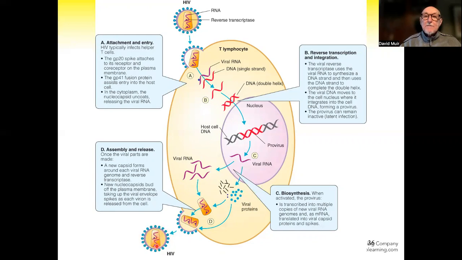So I want to just point out to you that each of these steps, attachment, entry, reverse transcription, integration, the production of viral proteins, and budding out, provides a possible way of intervening.